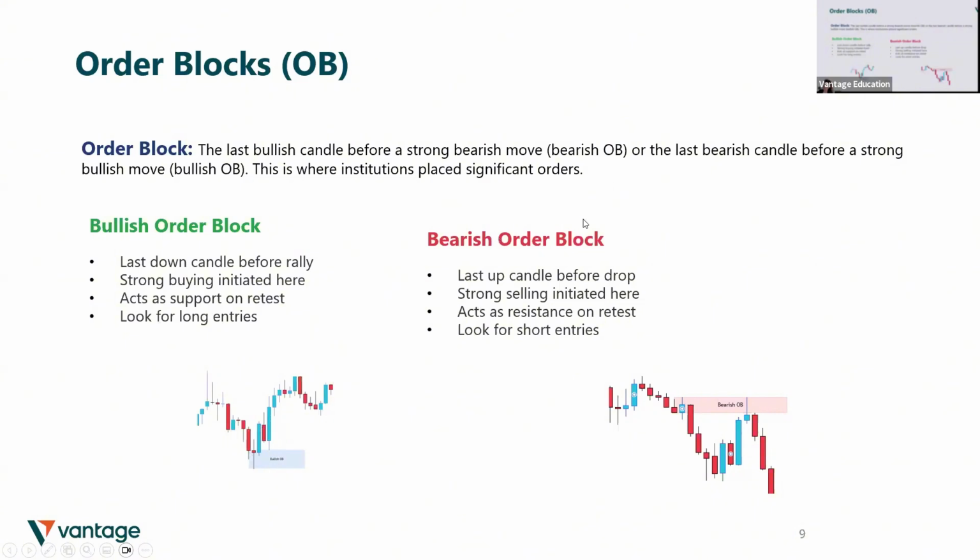For the bearish OB, it's the last up candle before the drop. This is the last up candle before it drops. Strong selling was initiated here. You can see a very strong bearish move, and it also breaks the key level.